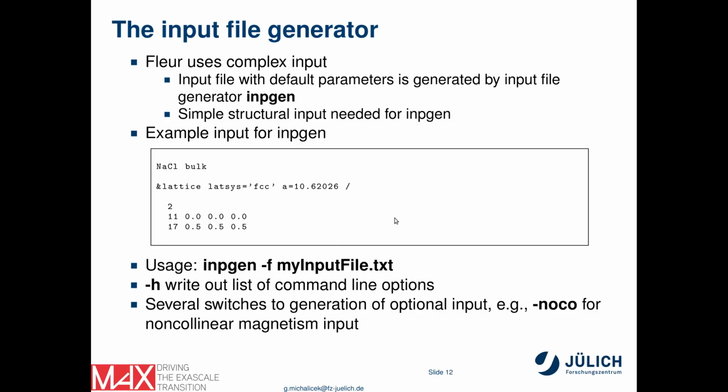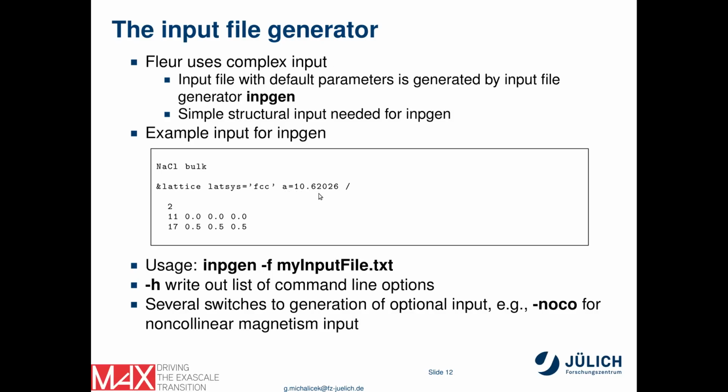So an input to inpgen looks like this. We first have some comment line, and this comment line says that we have an input for sodium chloride bulk, and then we have to define the lattice somehow. So this is an FCC lattice that we want to describe, with a lattice parameter of 10.62 Bohr radii.